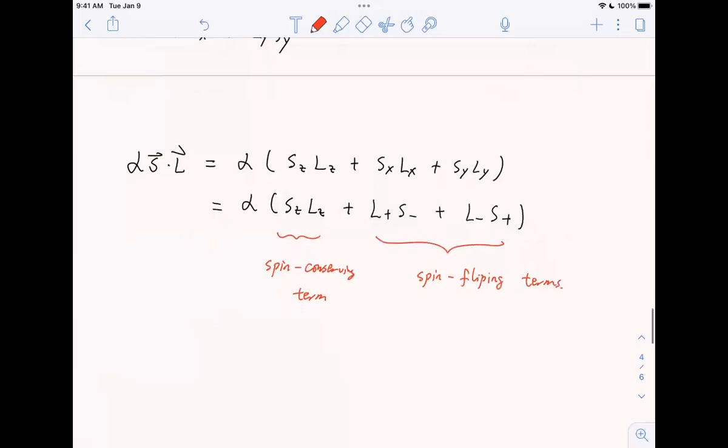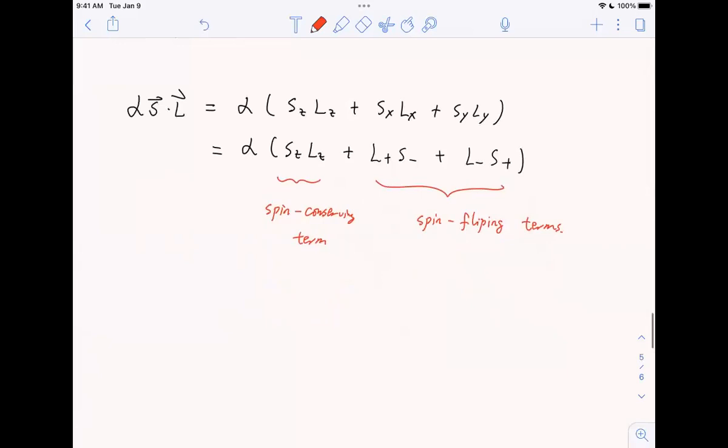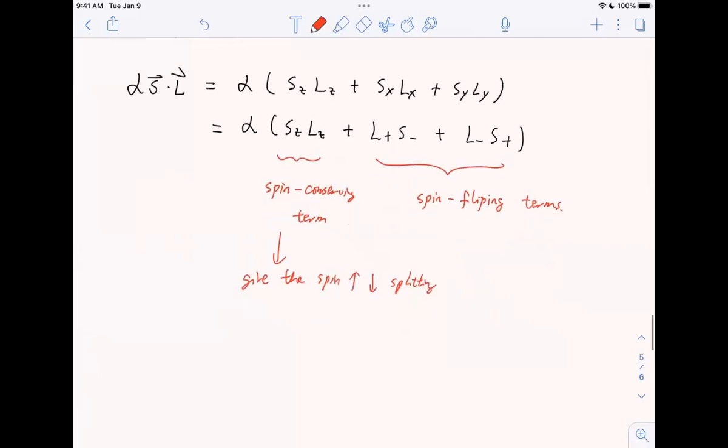Okay, so this spin-orbit coupling Hamiltonian has one part. This part directly just gives you the splitting, because this one will give you plus and minus m. This one will give you the spin up down splitting.